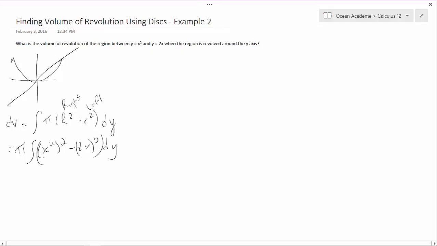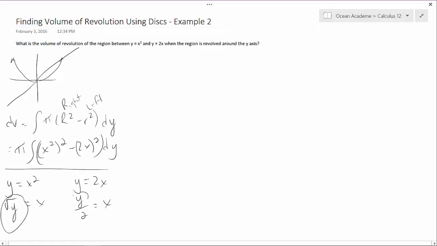But we need to get this in terms of y. So we need to look at our two lines and solve for x. So this would work out to be the square root of y equals x, and y equals 2x would equal y over 2 equals x.